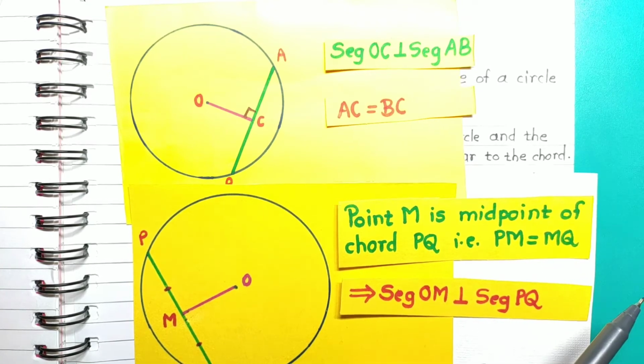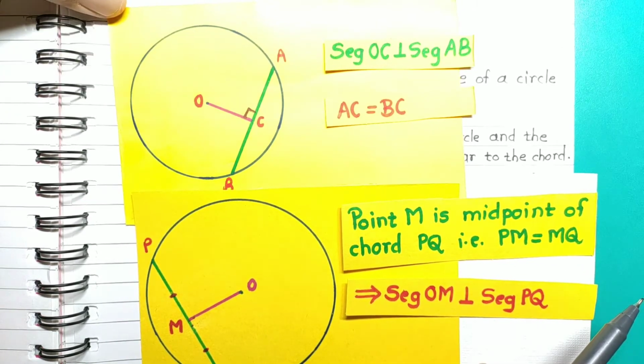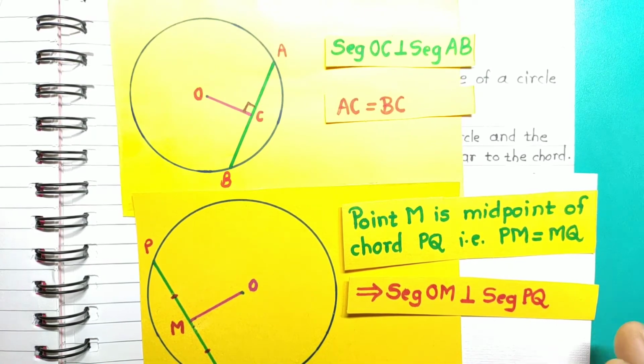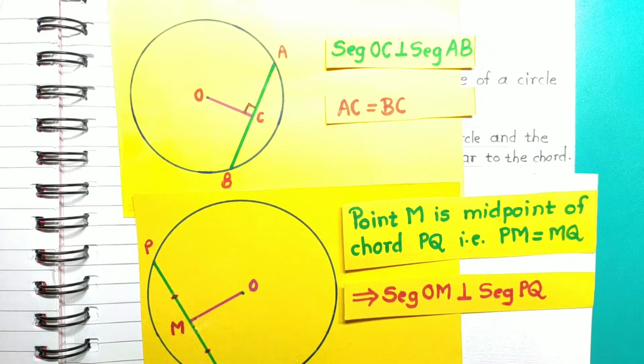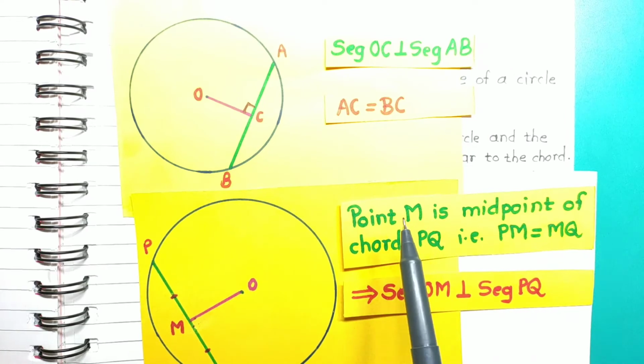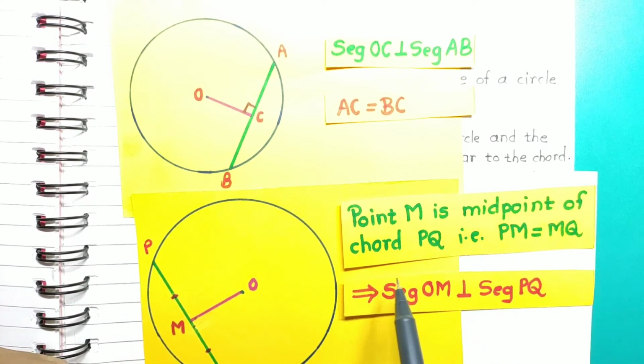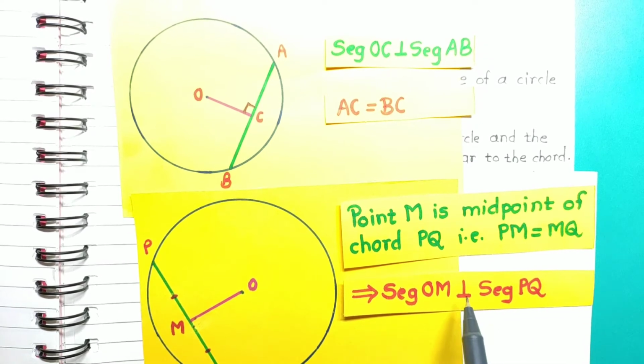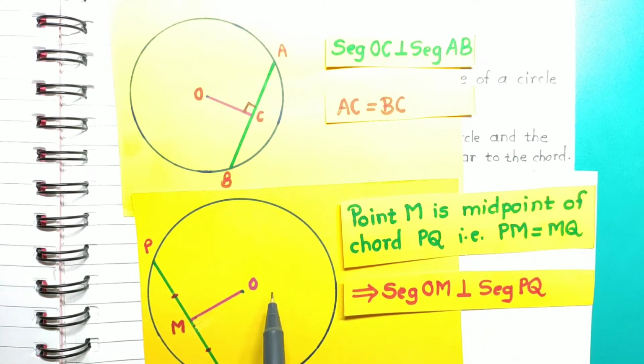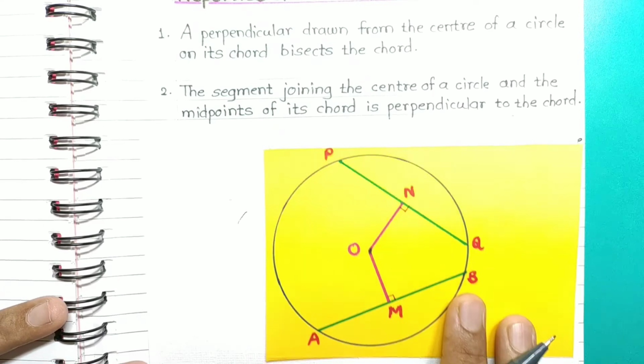So these two statements are converses of each other. While remembering such a property, you must keep in mind what is given and what is the conclusion. This will help you to solve problems easily and to recall these results to use in examples to solve them.